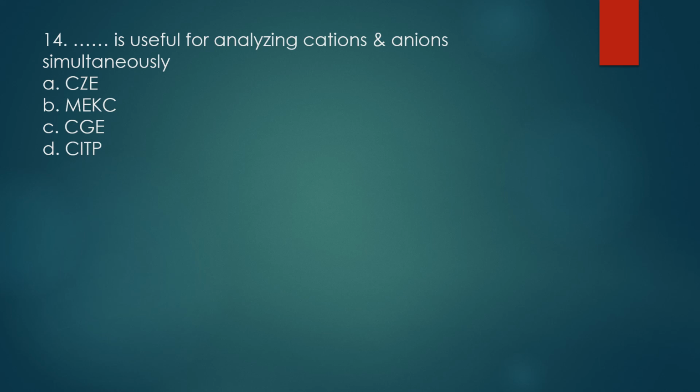Option C, CGE, that is capillary gel electrophoresis. Option D, CITP, that is capillary isotachophoresis. Our correct answer is option D, that is CITP, capillary isotachophoresis.